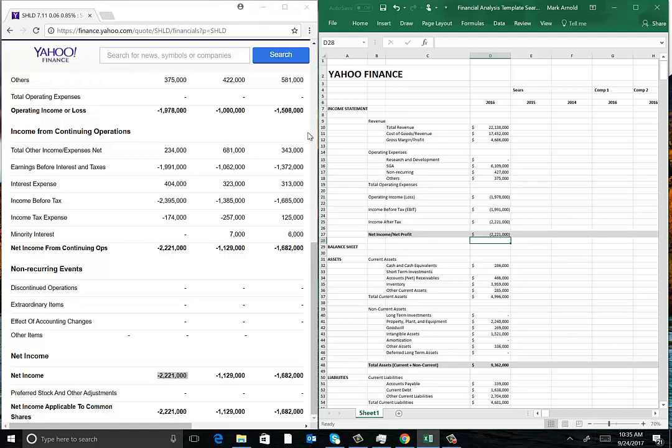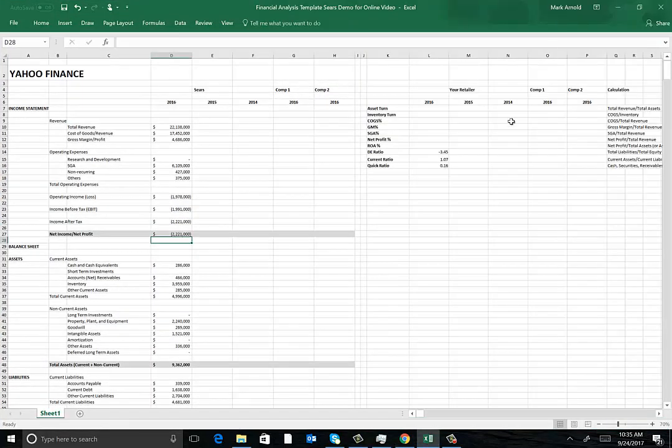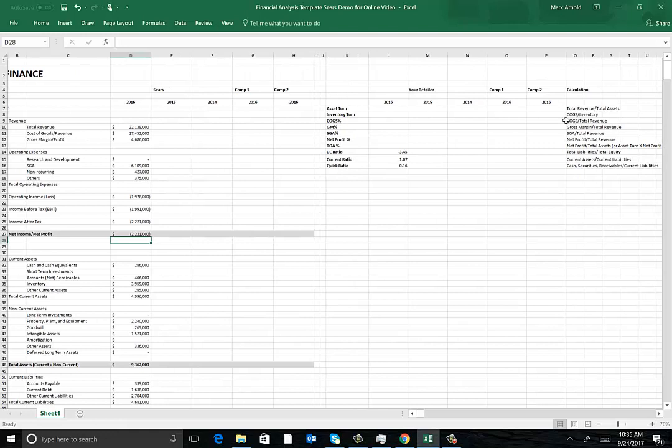All right, and let's go ahead and begin to do our calculations. So what we're going to do, we'll go ahead and bring this back up, since we're done with Yahoo Finance, I'm going to go ahead and enlarge this template so we can see everything at the same time. Okay, so over here we have the calculations. Okay, so for asset turnover, it is calculated as total revenue divided by total assets, or total sales divided by total assets.